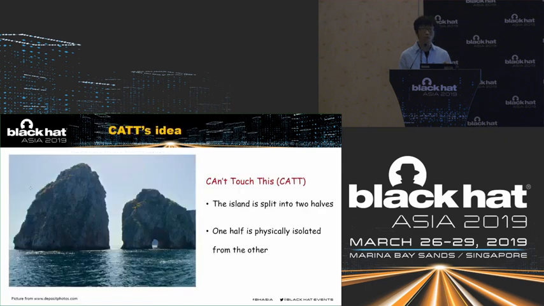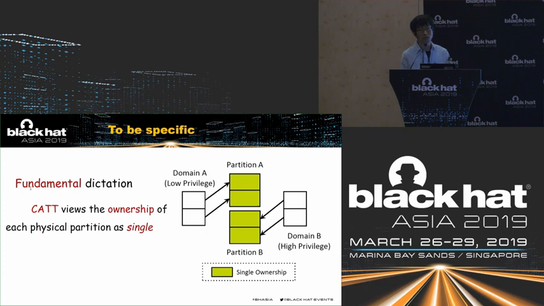From a high level, CATT is a physical isolation scheme. Just like this picture shows, the island is split into two halves. One half is physically isolated from the other. CATT divides the physical memory into mutually exclusive partitions and views the ownership of each physical partition as single.